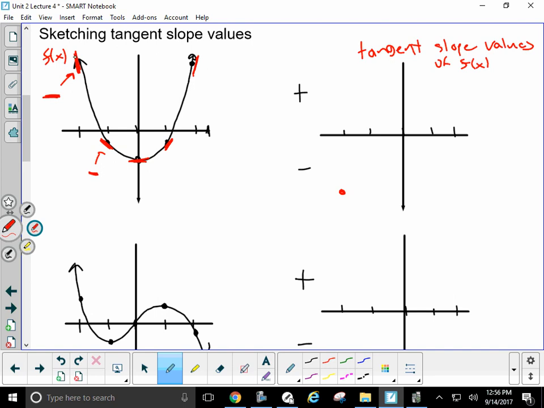So this may be like a negative 8, and this is like a negative 1 or something like that. So I'm going to go ahead and plot a less negative value there. I'd like you guys to plot the remaining tangent slope values here when x is 0, when x is 1, and when x is 2. And then check your plots with your neighbors.